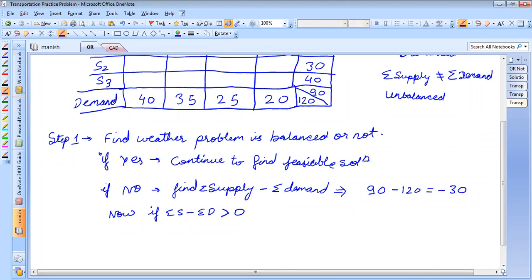This means that supply is more and demand is less, isn't it? Students, isn't it? If the summation of S minus summation of D is greater than 0, this means supply is more and demand is less. Very layman conclusion, isn't it?